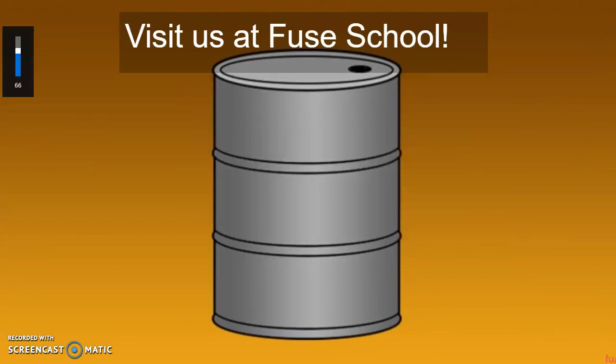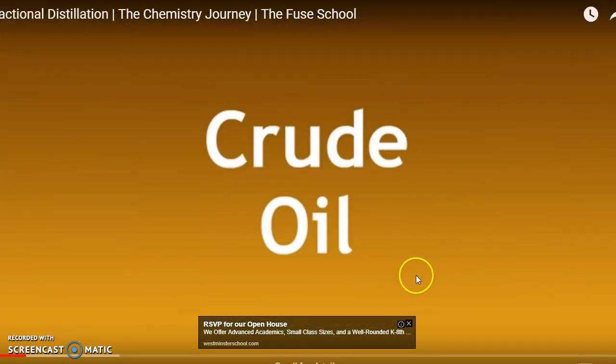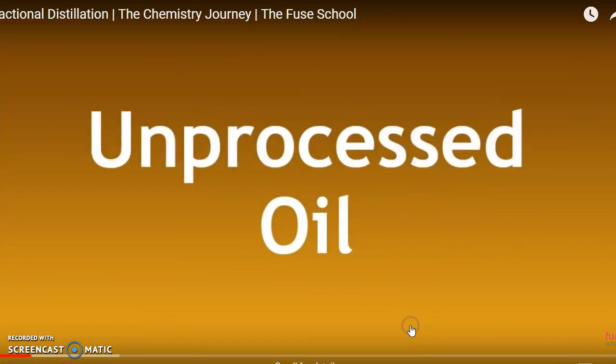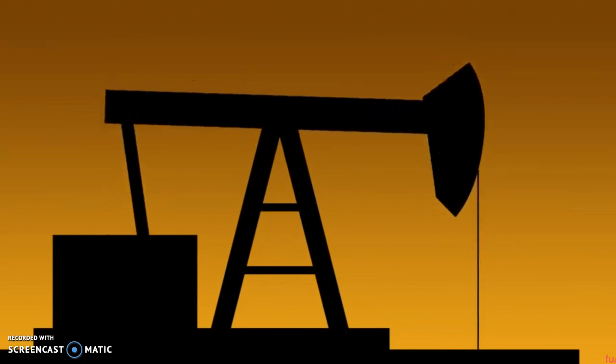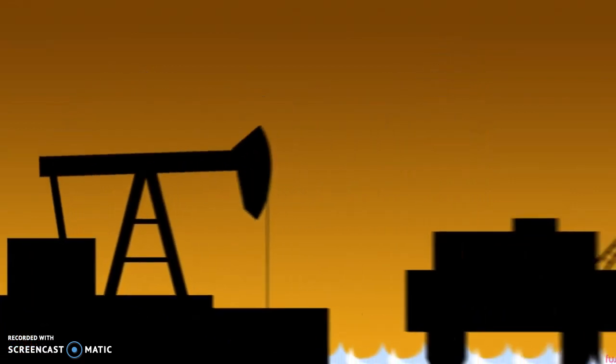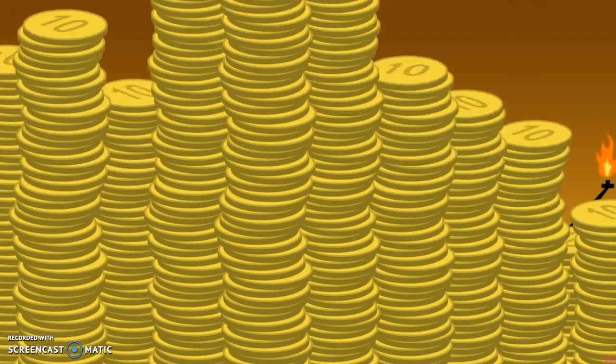Separates crude oil into useful fractions. Crude oil is the term used to describe unprocessed oil. That is oil that has been taken directly out of the ground, either on land or under the sea. It is an exceptionally valuable resource.